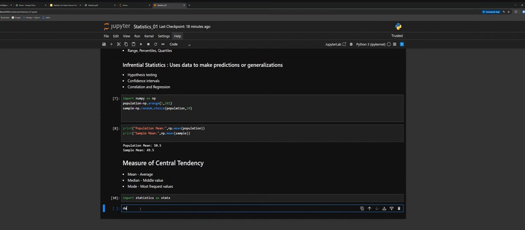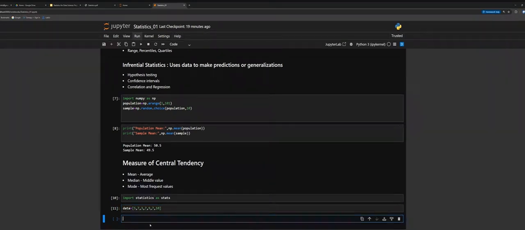Now I'll take some data points. Data equals a list, I'll take some random numbers: 5, 7, 3, 7, 9, 7, 10. Now I'll use the print statement.